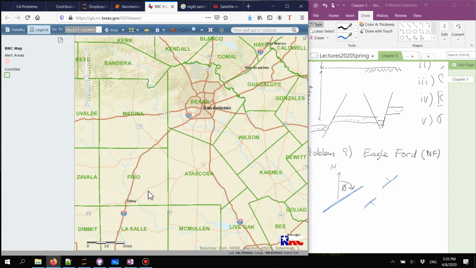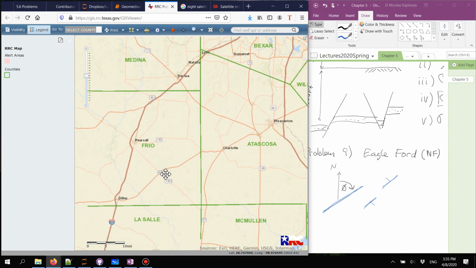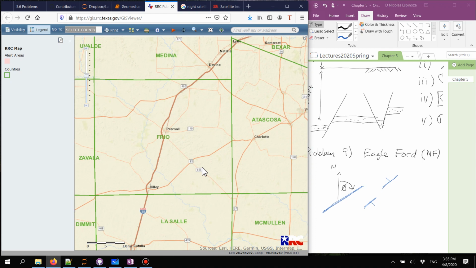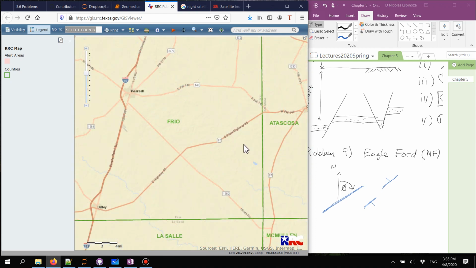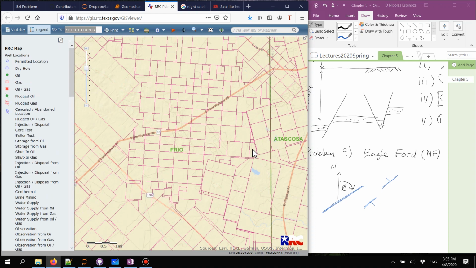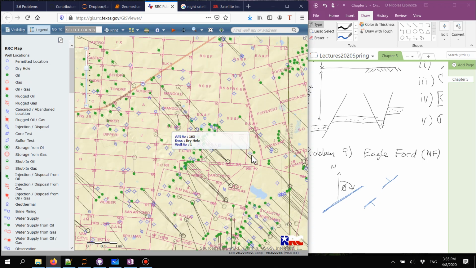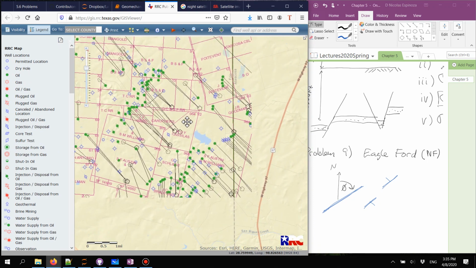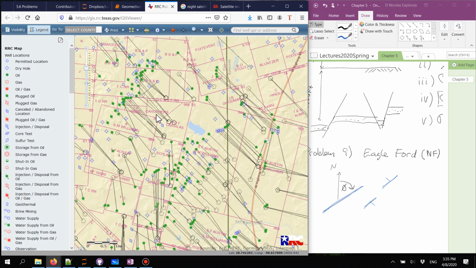And if you zoom a little bit more in a particular place, I'm concentrating here on Frio County, you're going to start to see the wellbores, the leases, and also their orientation. So there you see the wellbore showed up, and the lines here are telling you what is the predominant direction of horizontal wellbores in this location.